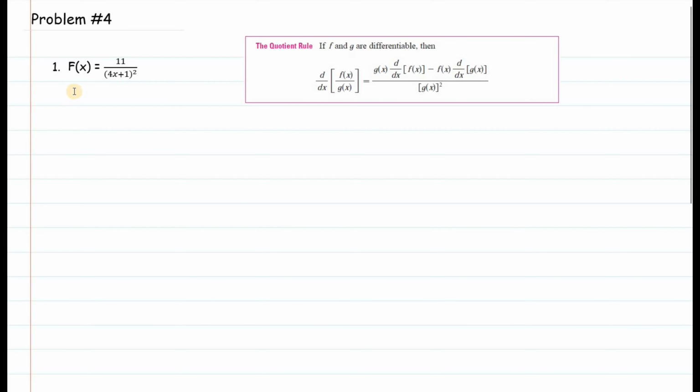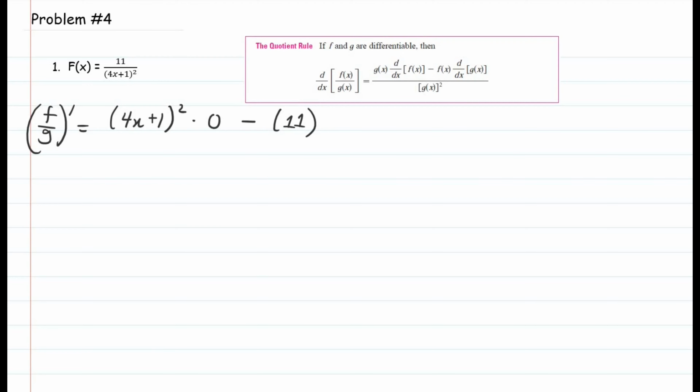So for problem 4, we have f of x is equal to 11 over 4x plus 1 squared. So you would get f over g prime is equal to g of x, which is 4x plus 1 squared, times derivative of f of x, which is 11. So derivative of that is 0, minus f of x, which is 11, times derivative of 4x plus 1 squared.